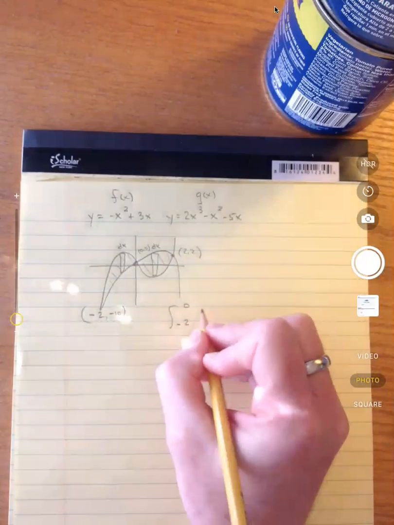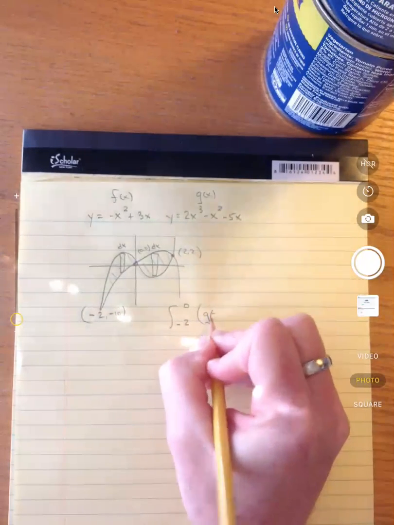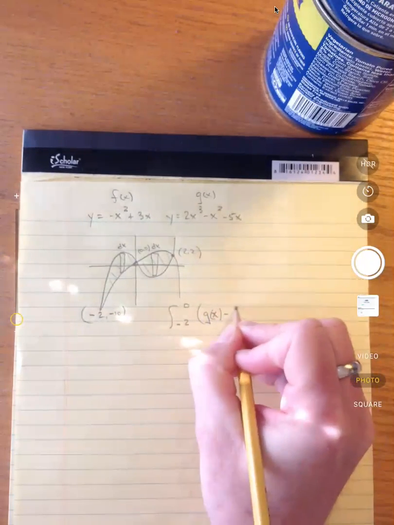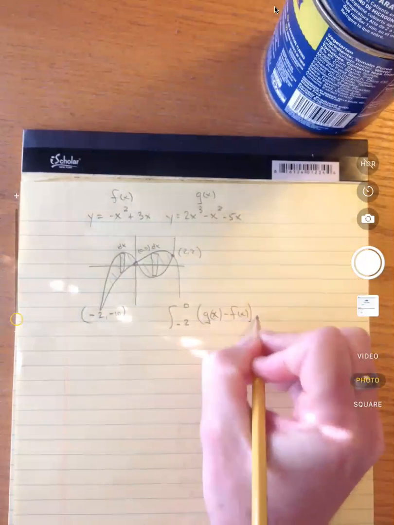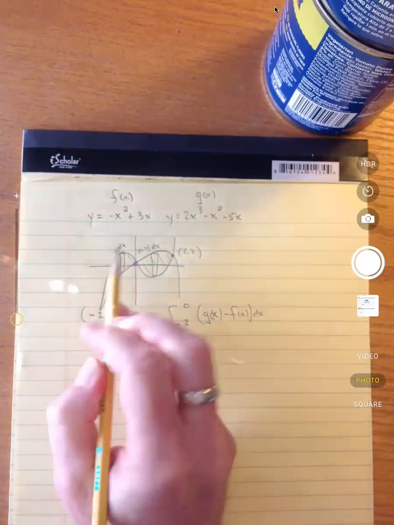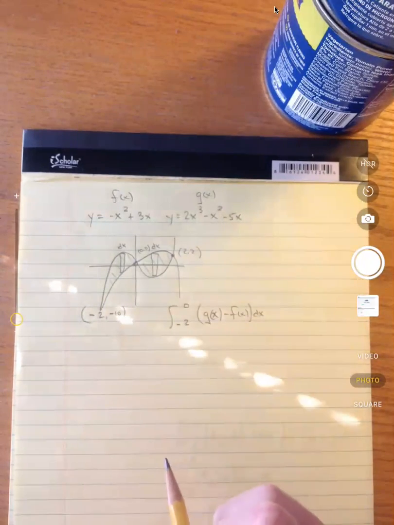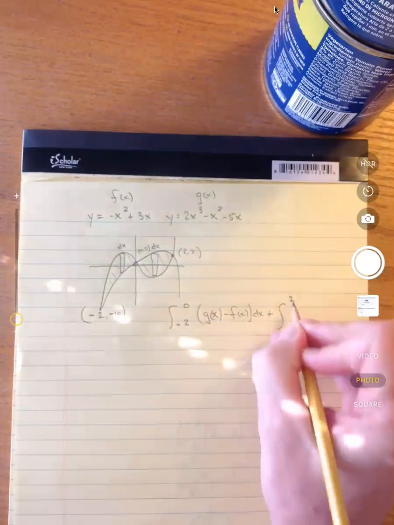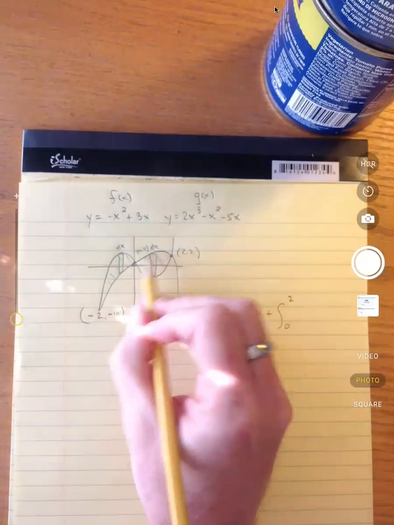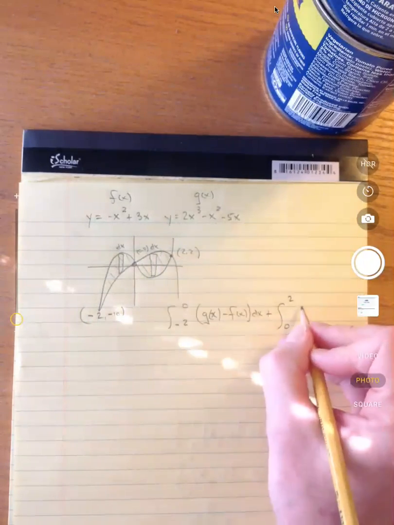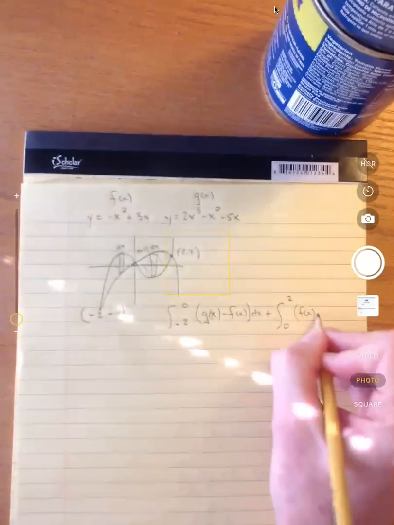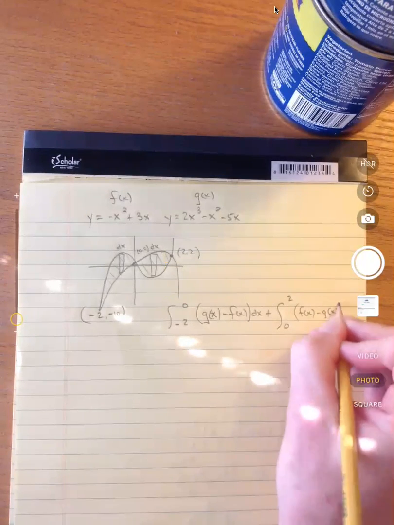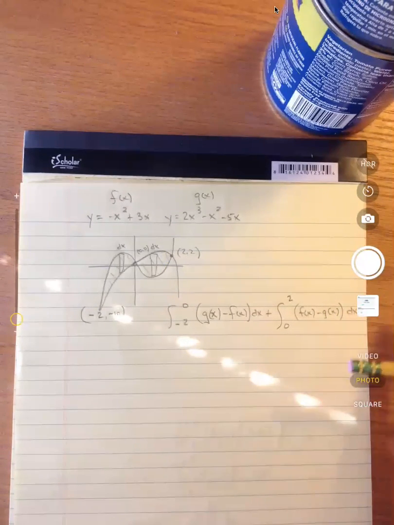So my cubic function minus my quadratic function, upper minus the lower. And then I'm going to add the area from 0 to 2. Now the quadratic is on the top, that's my f of x, minus g of x.